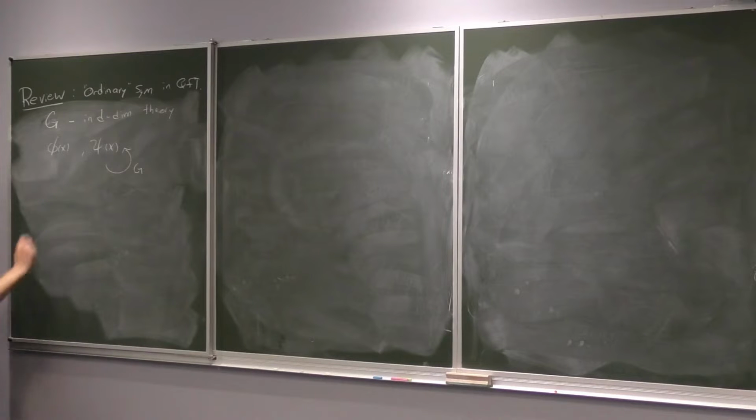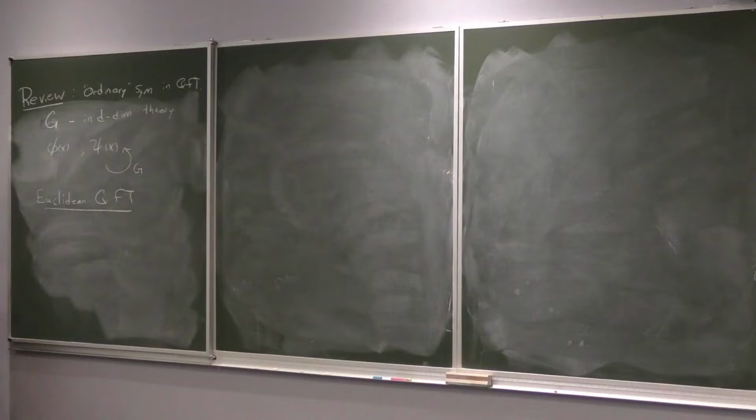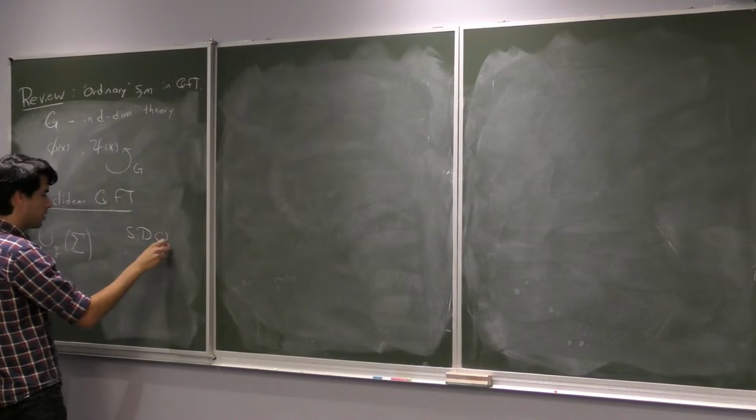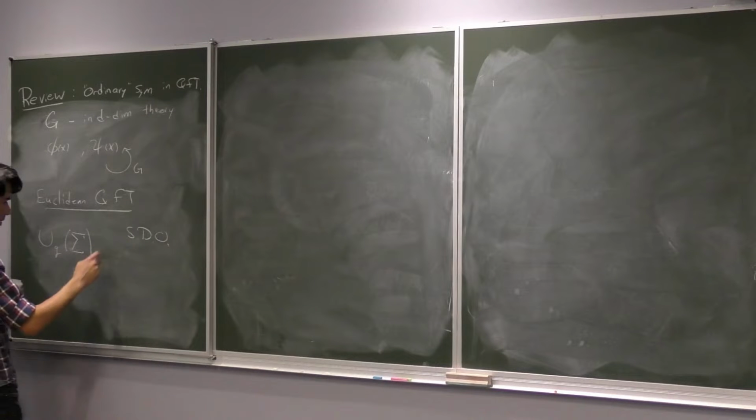And the way we realized this, we finally ended up talking about this in Euclidean quantum field theory, where we only care about the action of the symmetry on the operators. And there we found that there was some topological operator called U_G of sigma, which is what we call the symmetry defect operator, which I'll just write as SDO for the rest of forever.